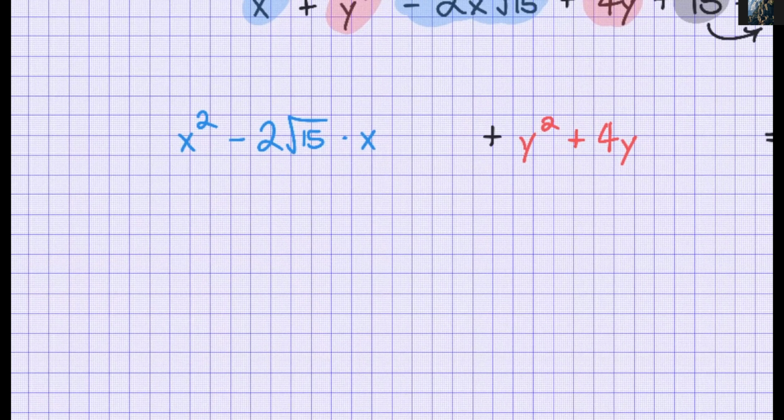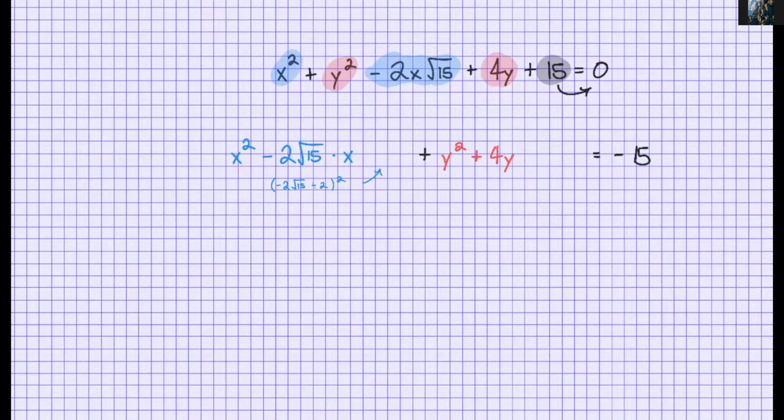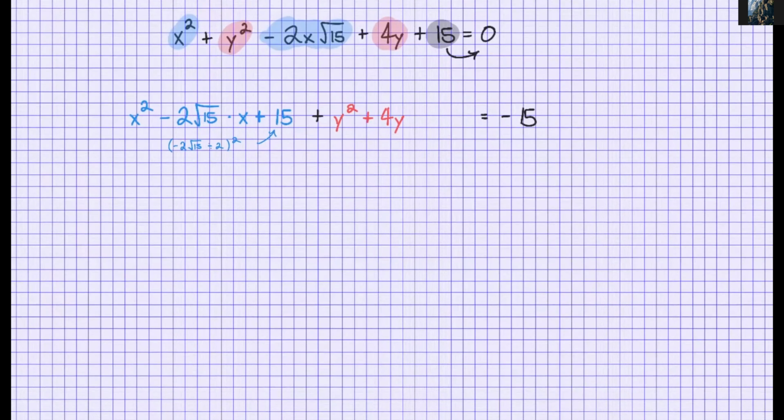So in the same way as before, negative 2 times the square root of 15 divided by 2 and then squared will give us this number, which in this case, if you put that in the calculator, you will see that it is 15. What we do on one side, we do it on the other.